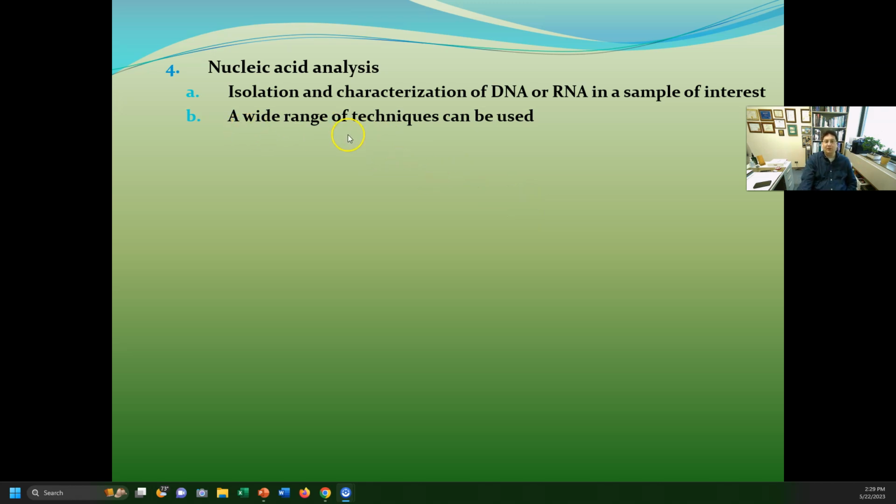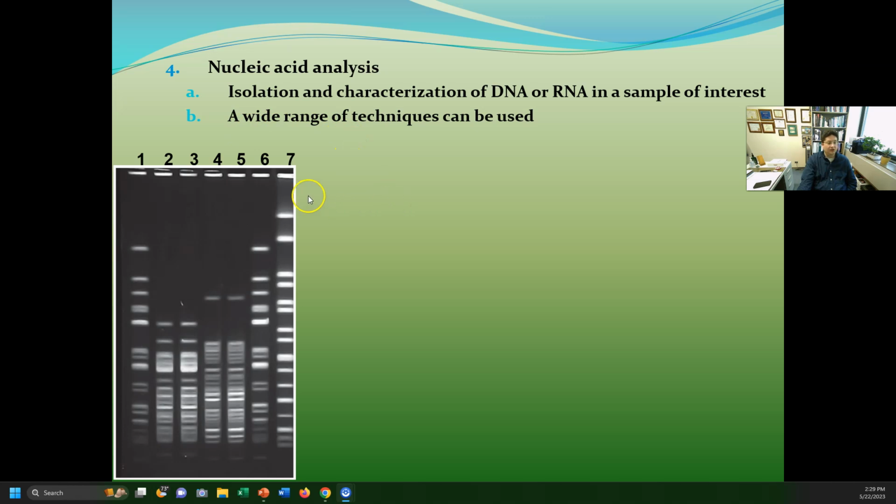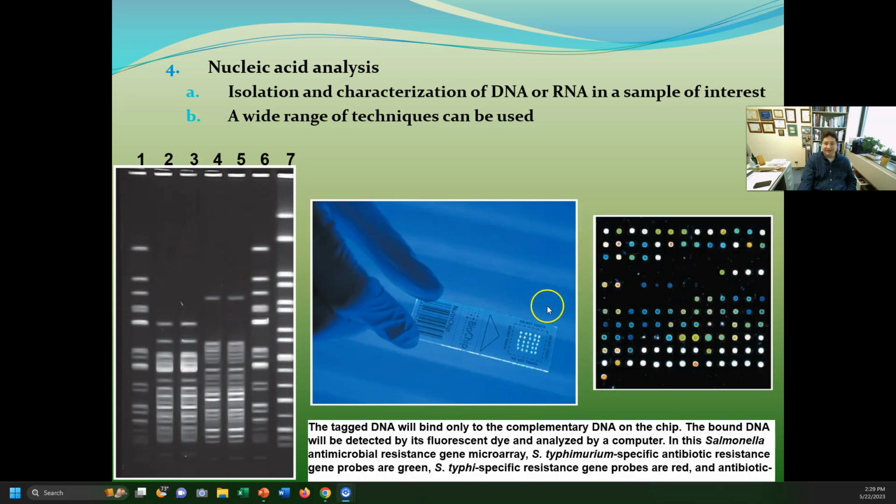But suffice it to say, a wide range of techniques are used, like this is electrophoresis, where we're separating out DNA and RNA here in these individual bands. We can tag DNA with radioactive or fluorescent dye and take a look at it that way. So there's a variety of things, but this would be the most advanced technique here. This is where we're really looking right at the DNA or RNA.